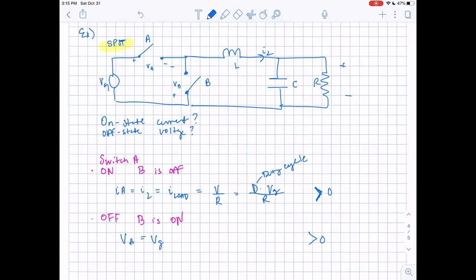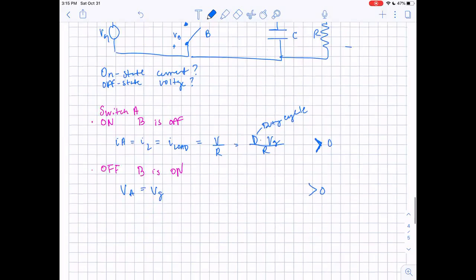So we know that this is a positive operation in quadrant 1, so we can use a transistor like an IGBT here. This is made to block positive voltage and conduct positive current. I'm using a transistor because that is what the device itself is used for: to block positive voltage and to conduct positive current. So that is how I know I'm going to use a transistor as opposed to something else.